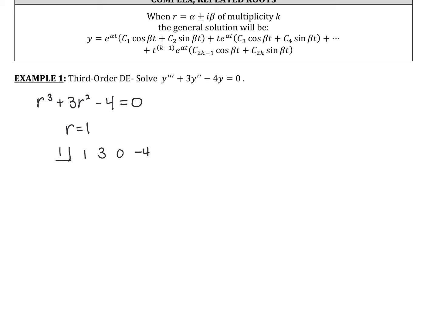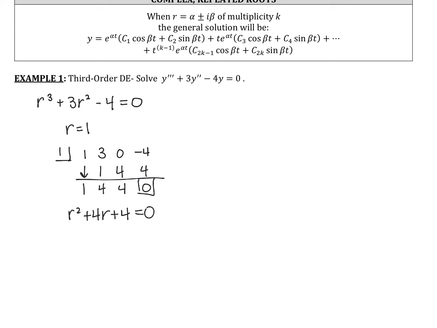Just make sure you have a placeholder for all of your terms. So I'm going to drop a degree, multiply, do what the signs say, multiply, do what the signs say, multiply, do what the signs say. Remember on synthetic division, that last result should be 0. That's your remainder. Which means now my polynomial is r squared plus 4r plus 4.